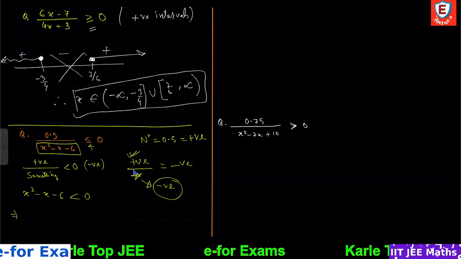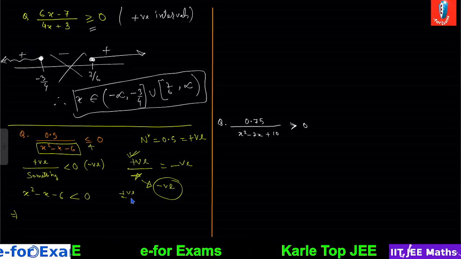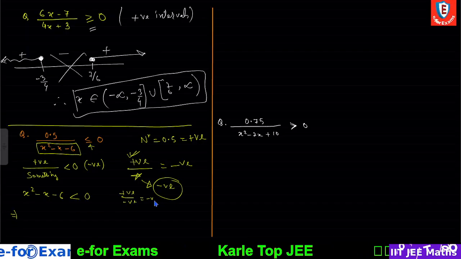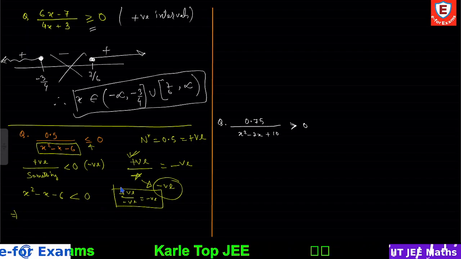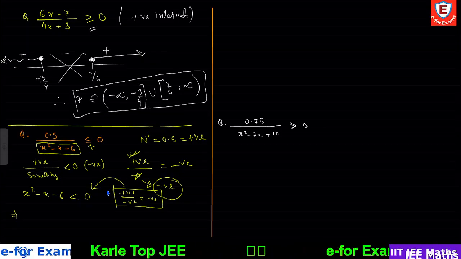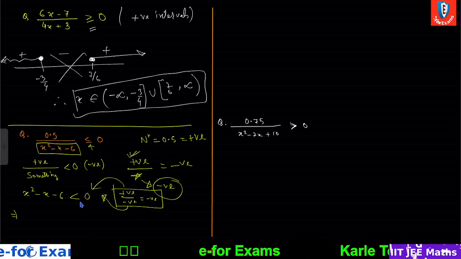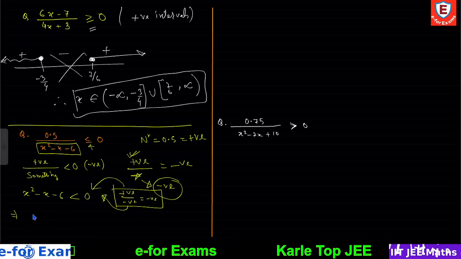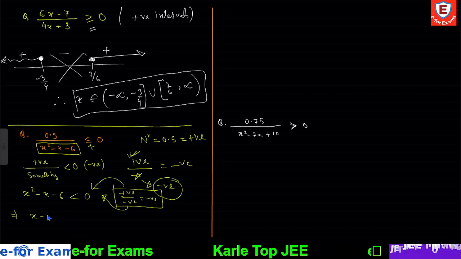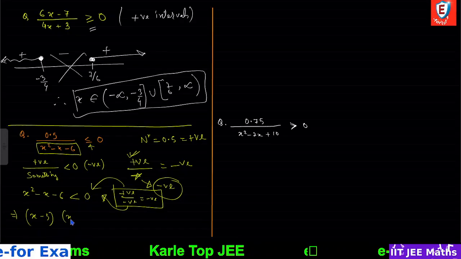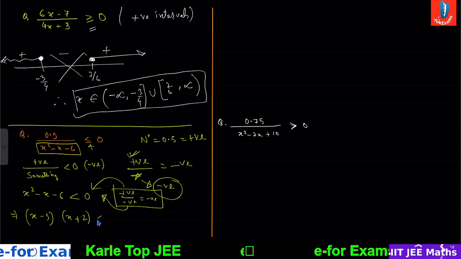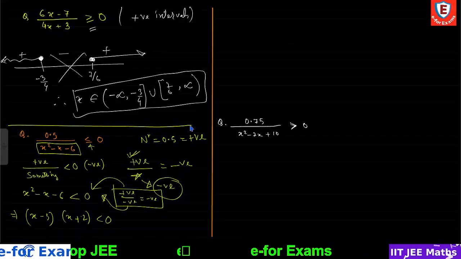Now positive by negative is negative. This is the concept. That is why this is this. The denominator is negative. When you factorize, you get x minus 3 all into x plus 2 less than or equal to 0.